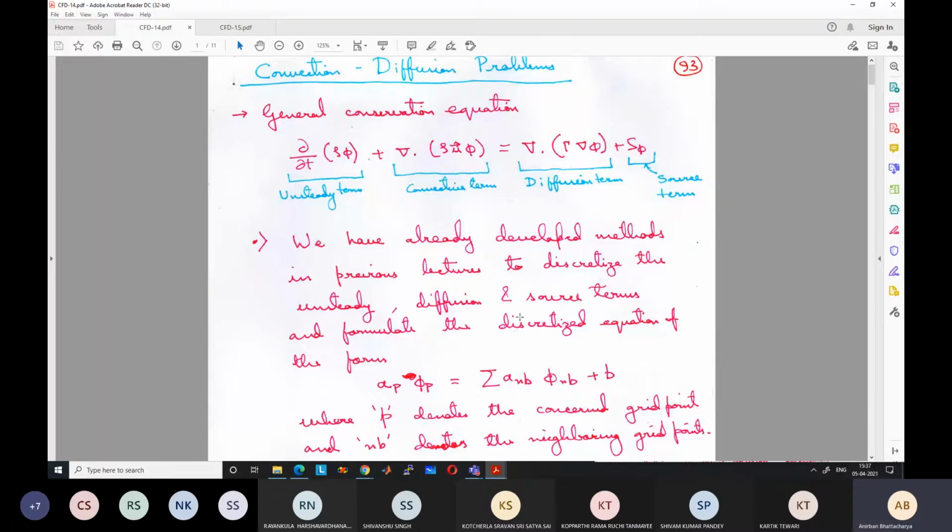The only change due to convection is that the coefficients AP and ANB and the term B are going to change, but the equation will be of a similar pattern.